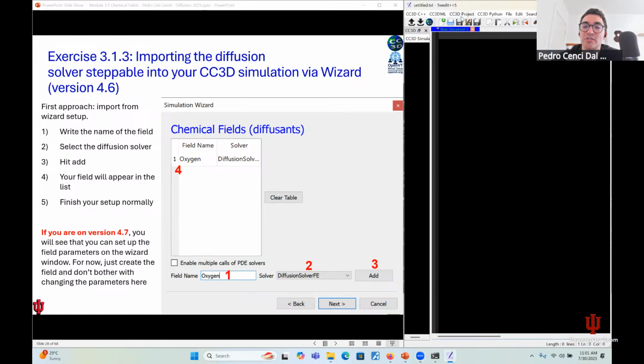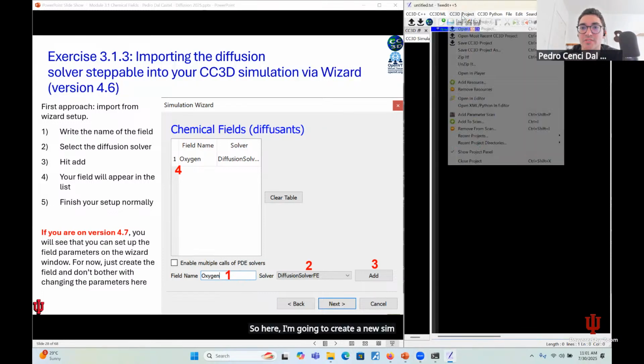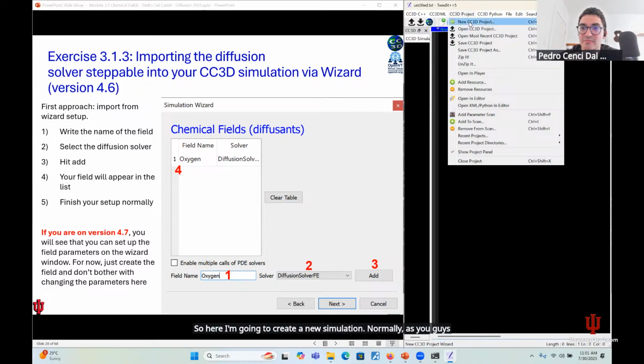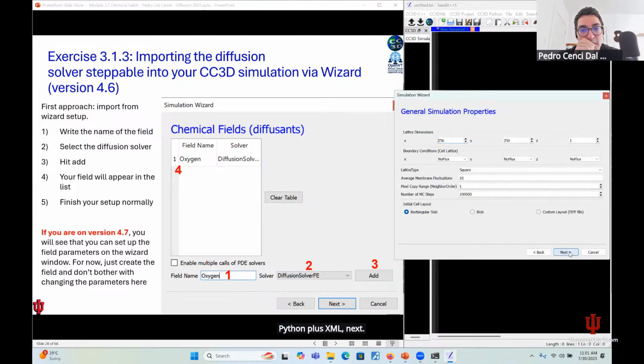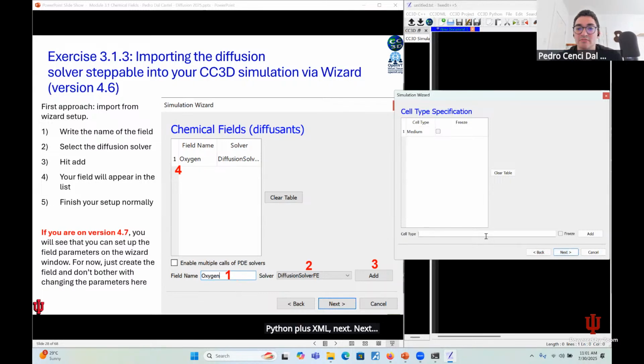So here I'm going to create a new simulation. Normally, as you always did, new CC3D project. Then from here, you give it a name, Python plus XML, next, next. Here you can set a cell type, it doesn't really matter.